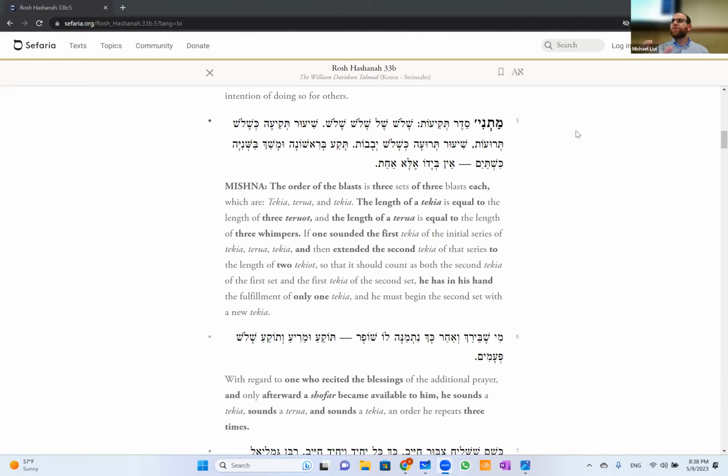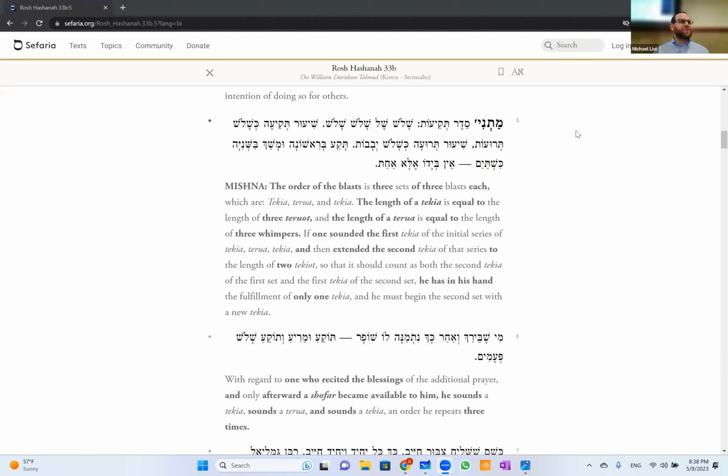We call each of those something else so that we don't get lost in the words. The 9 shorter ones, the little dots, that's what we call teruah. And the 3 intermediate ones, that's what we call shavarim.